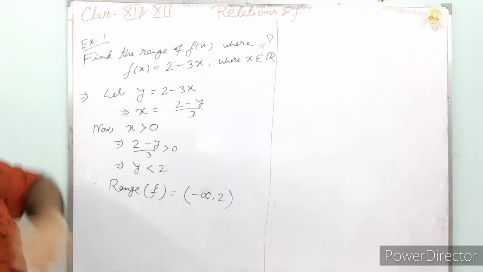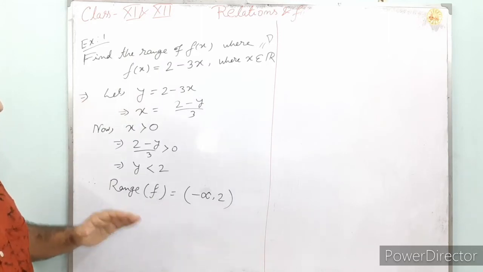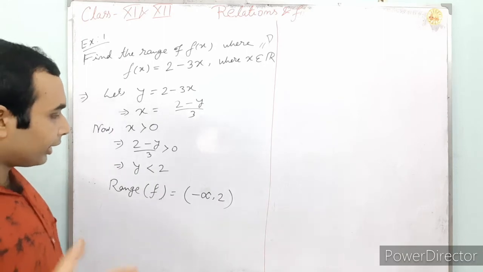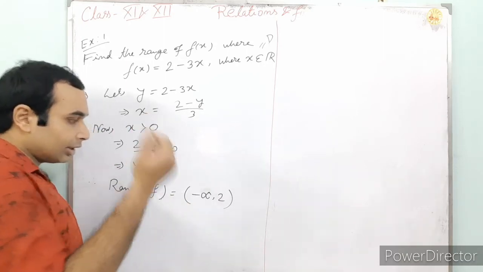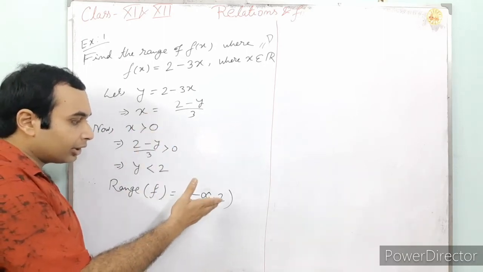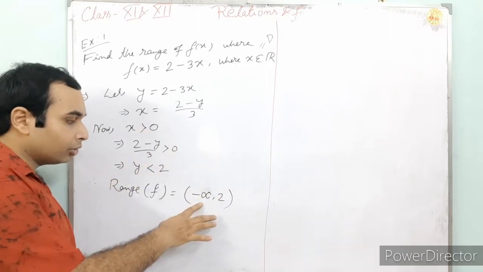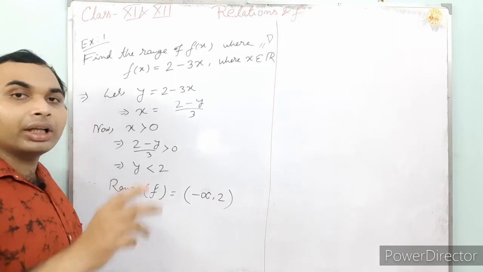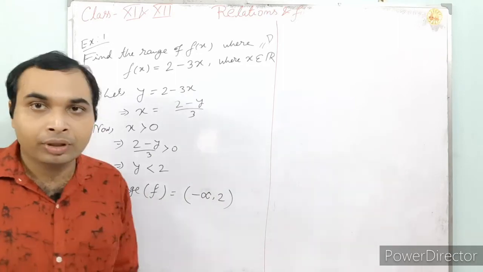Whenever we give some inputs here, the outputs will come in this range. They will take all the negative values and positive values up to 2, but it will not take the value of 2 here.